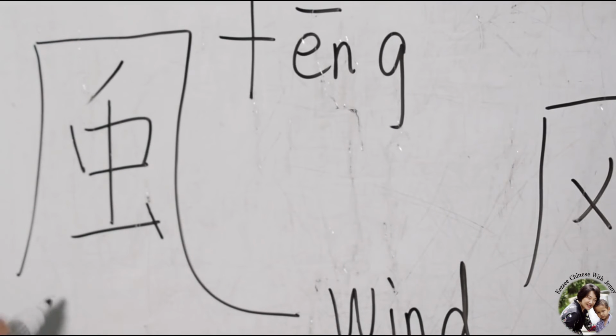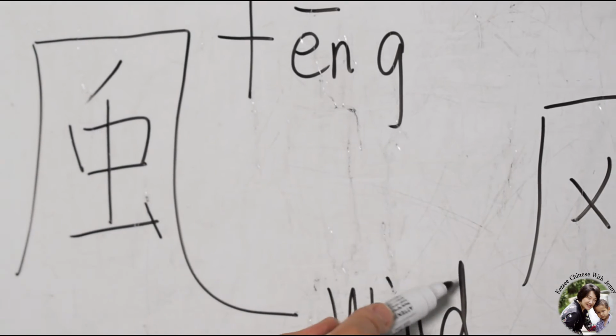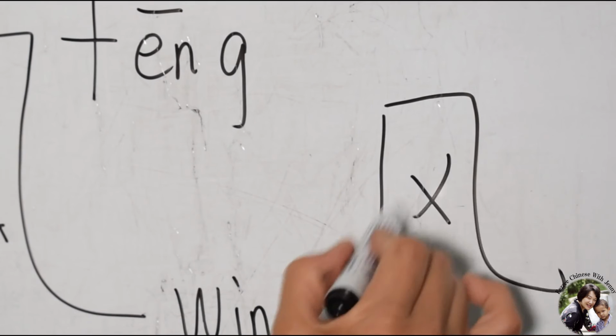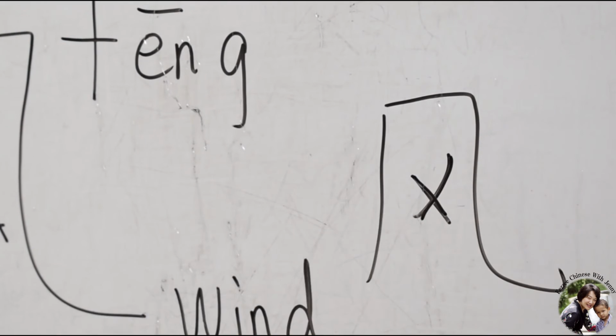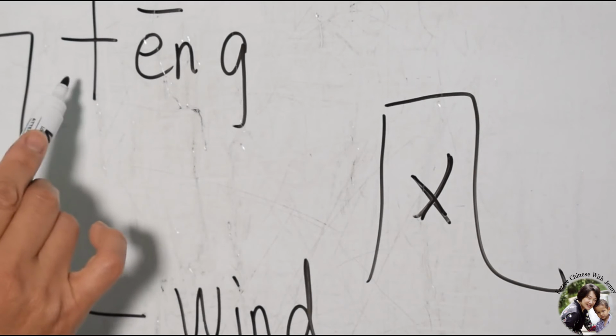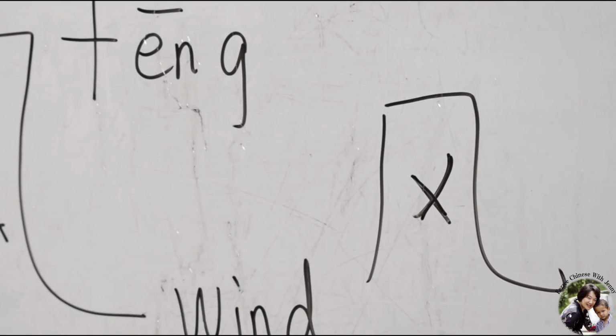So this is the traditional way to write wind. And the simplified way is you put a cross inside. It means wind, and the pronunciation is feng, the first tone. Feng.